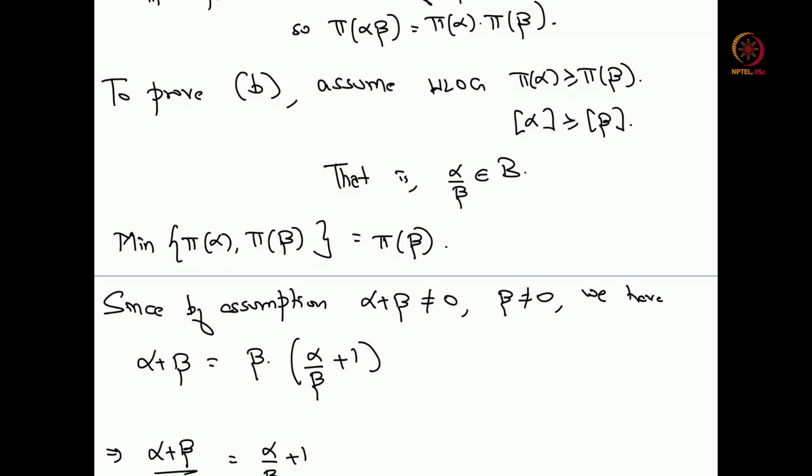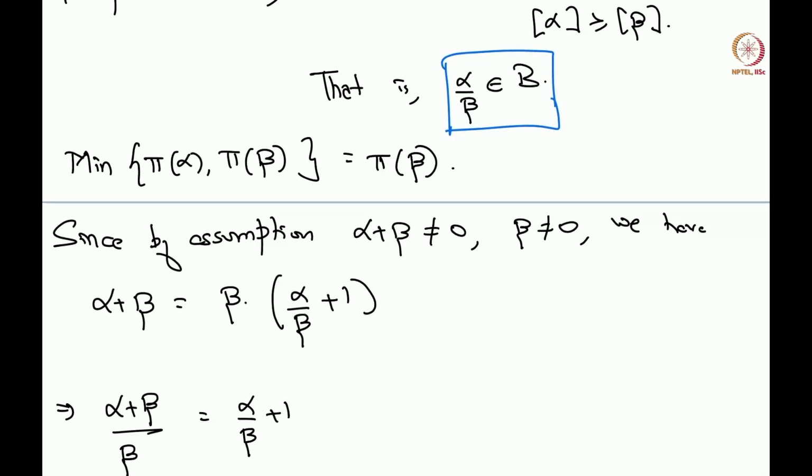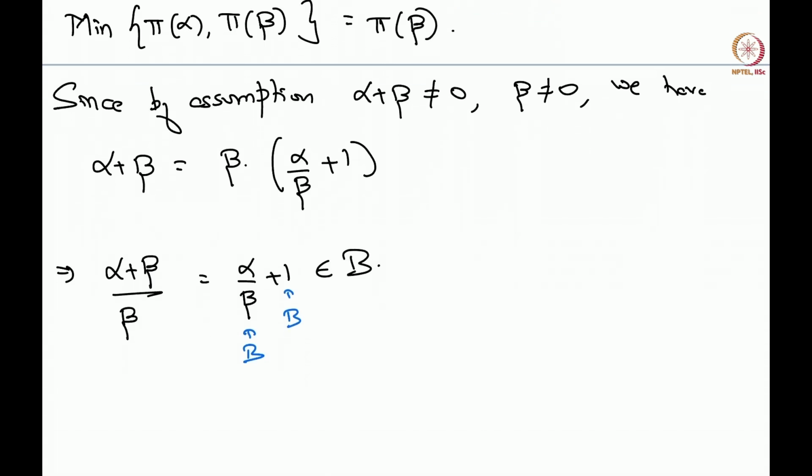But one of our hypotheses is that alpha over beta belongs to B. So this first term belongs to B. B is a ring, so 1 also belongs to B. So you're adding two elements in this ring B, so the sum also belongs to B. So this ratio, alpha plus beta over beta, belongs to this ring B. So by the definition of our order, alpha plus beta is larger than or equal to beta.